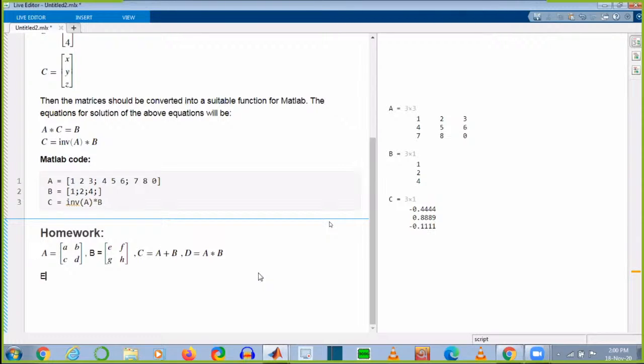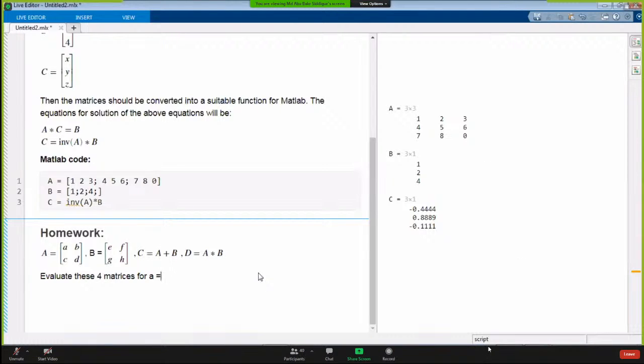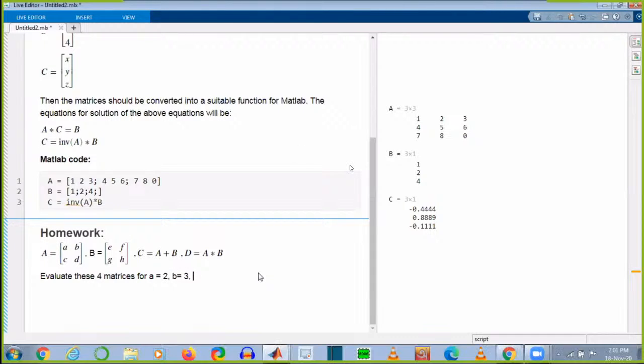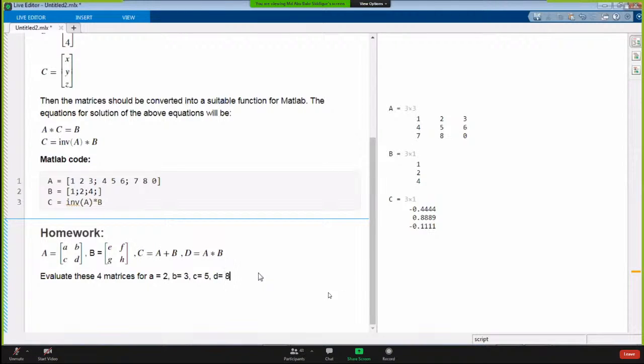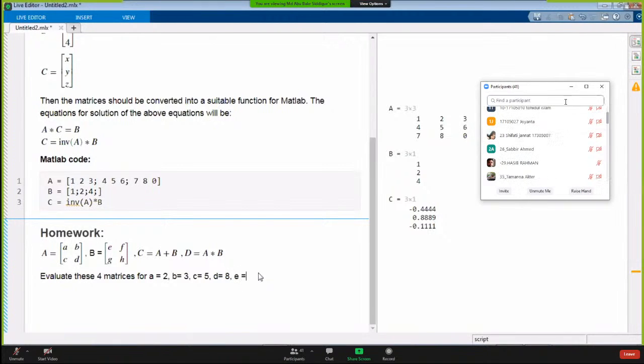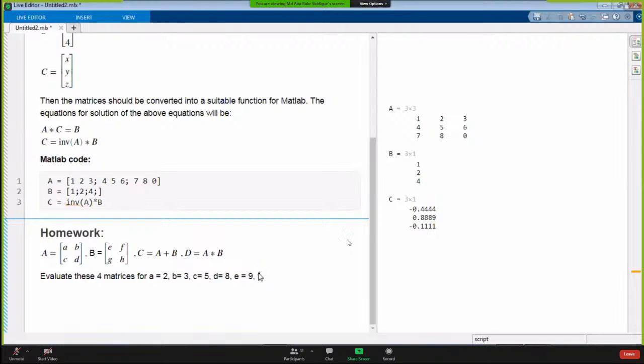Okay, evaluate these matrices for A equal 3, 5, E equal 9, F equal 10, G equal 4, A is equal 8.